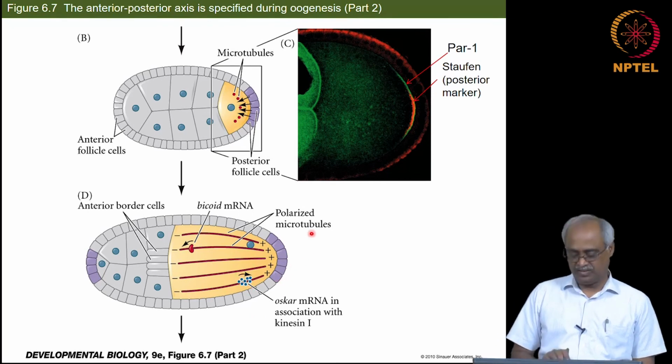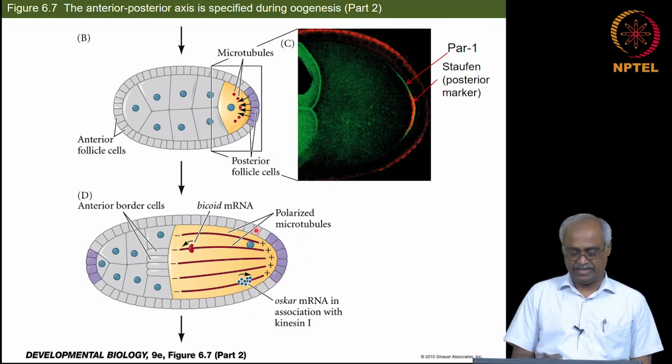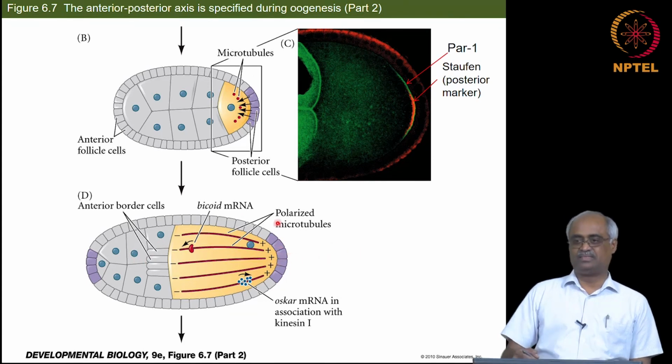Okay, like kinesin moves to the plus end and dynein moves to the minus end, and as a result bicoid is carried to the anterior and Oscar is carried to the posterior, and the Oscar that gets to the posterior gets translated there into Oscar protein.